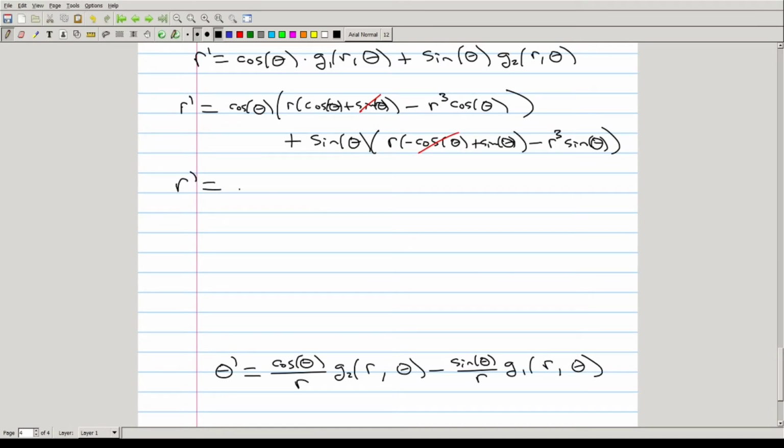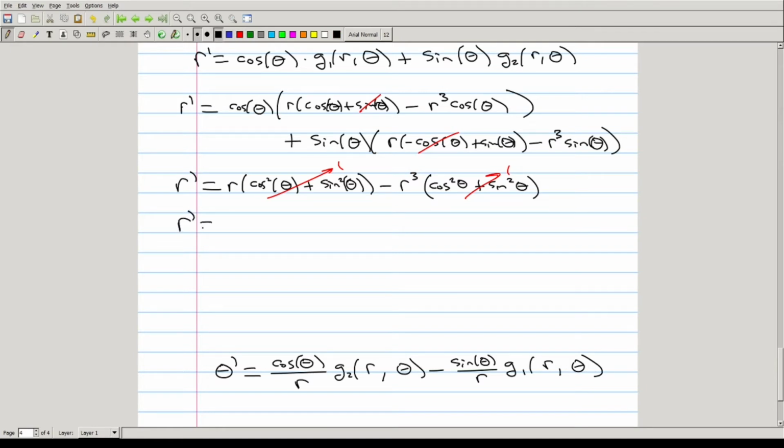You get r prime is equal to r times cosine squared theta plus sine squared theta, and this one is going to be negative r cubed times cosine squared theta plus sine squared theta, which is 1 and 1.